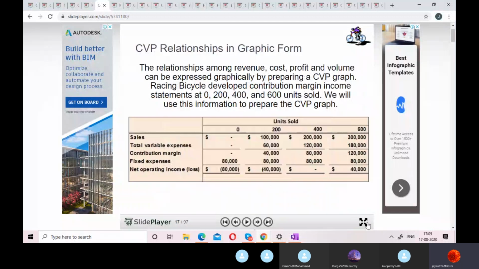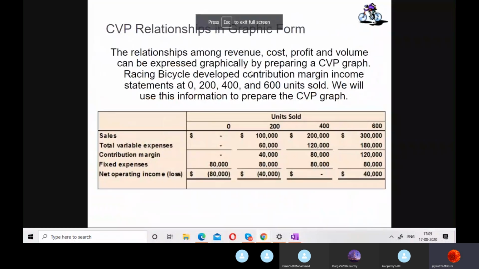So they have made a graph of the relationship among revenue, cost, profit, and volume. See, the more the number of units, the more the sales. The sales is increasing. The variable expense is increasing. The contribution margin is increasing. The fixed expense is always fixed. Okay.